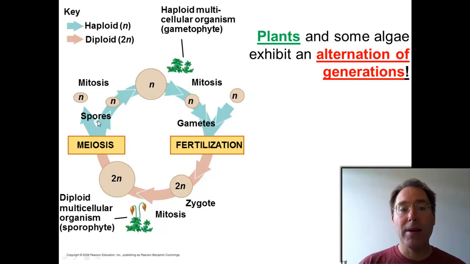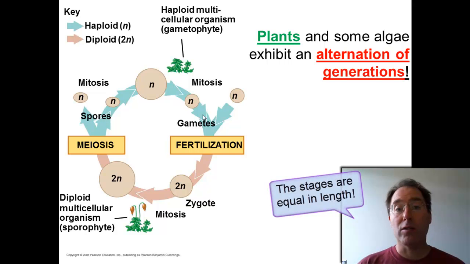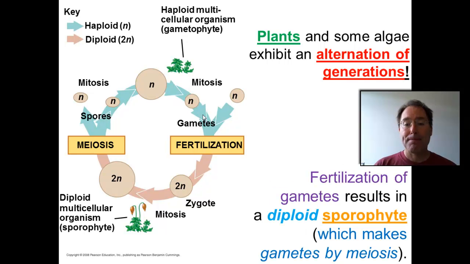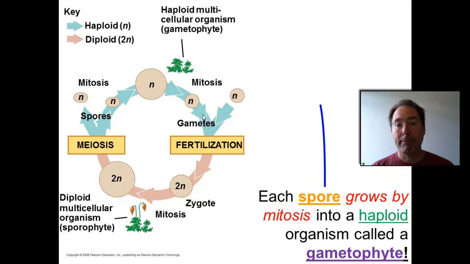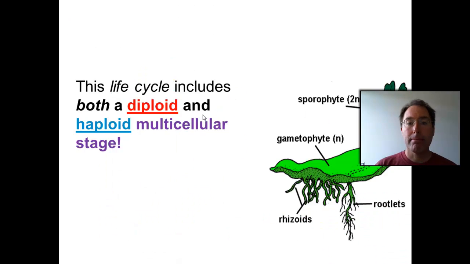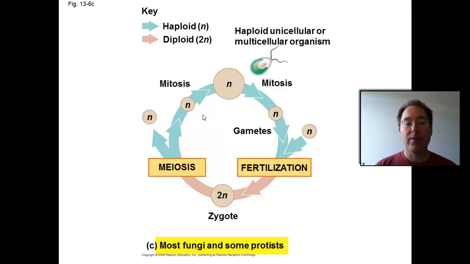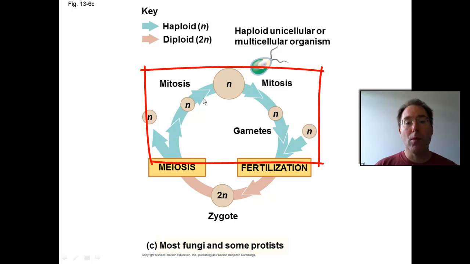They have more time as gametophytes or gametes than we do, and it's about 50-50, it looks like, as far as the diploid and haploid stages of their life cycles go. And you're going to see here, finally, fungi and some protists, these lower organisms. They're multicellular, but they're going to spend even more of their life cycle in the gamete phase.